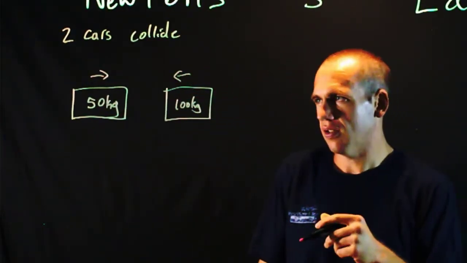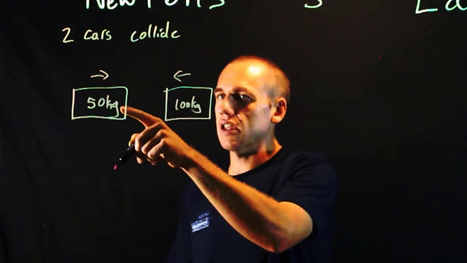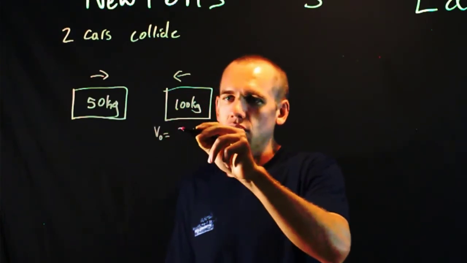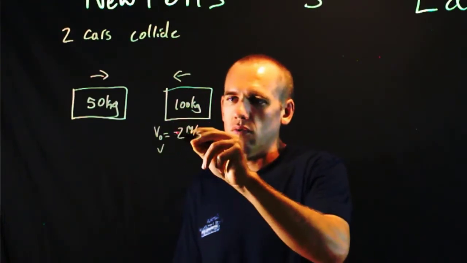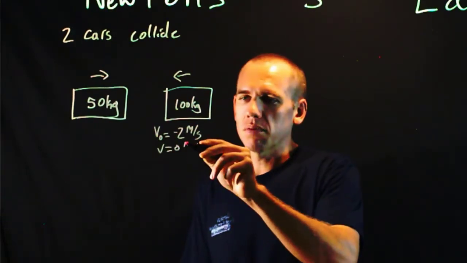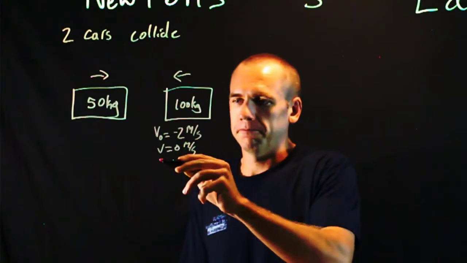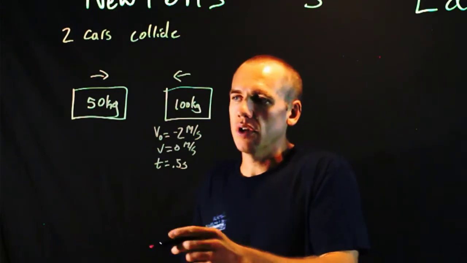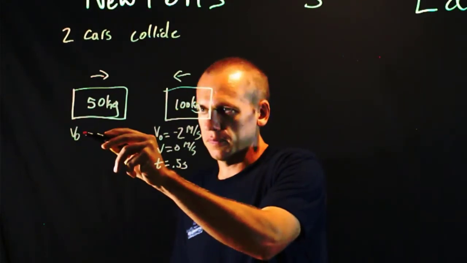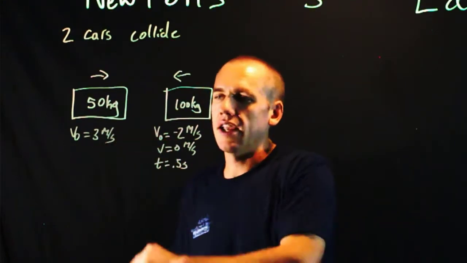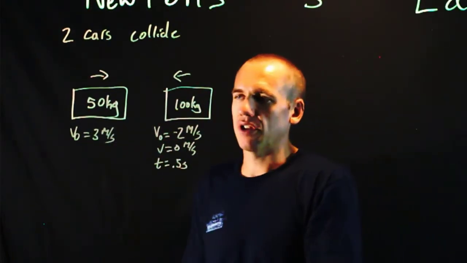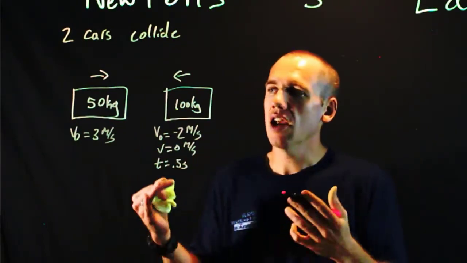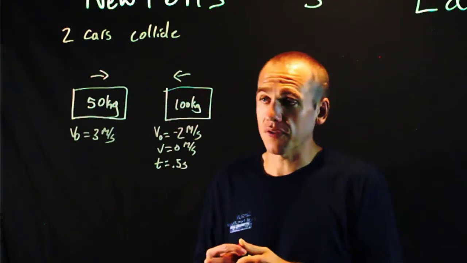And if they collide, say this one goes from moving at 2 meters per second to, well, it would be negative to the left, to 0 meters per second, and it takes 0.5 seconds for this collision to occur. I want to know, if this thing was initially moving at 3 meters per second, how fast is it moving after the collision? And we are going to assume that we can ignore any frictional forces. The only forces we are looking at are the forces that are acting on the two cars from the collision.